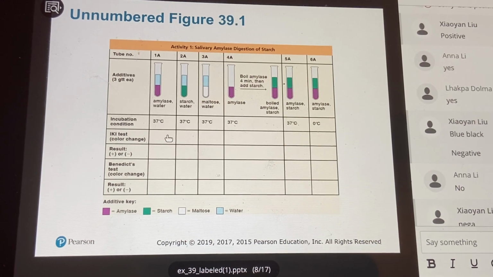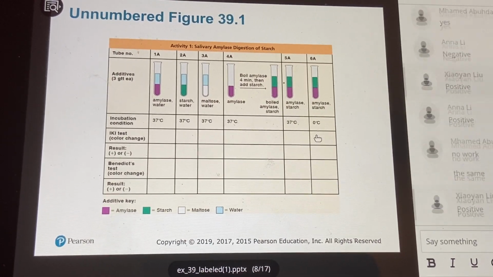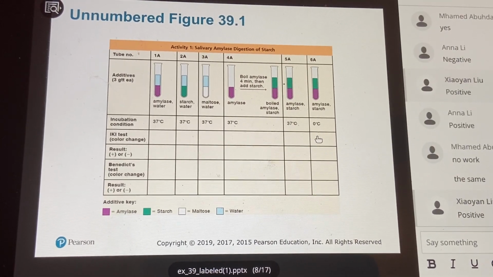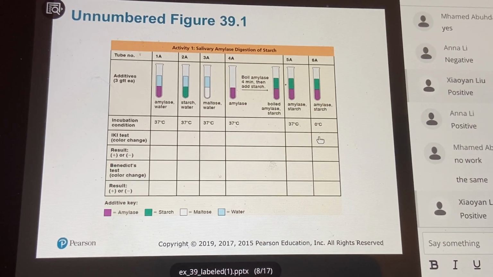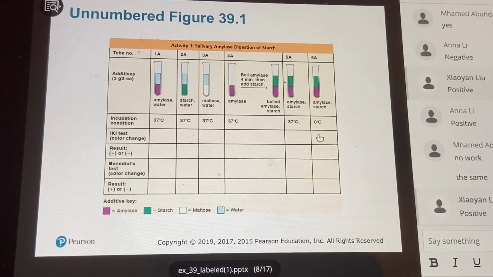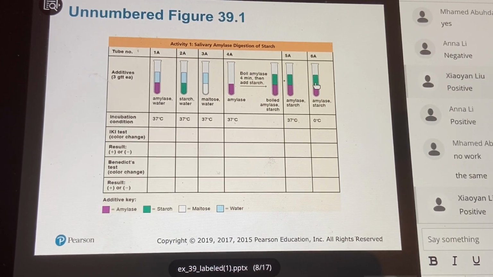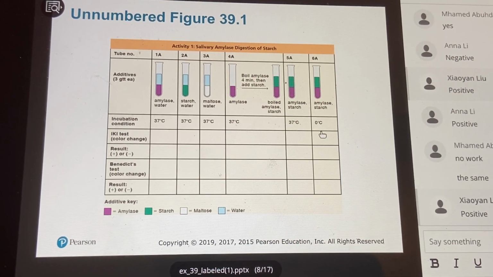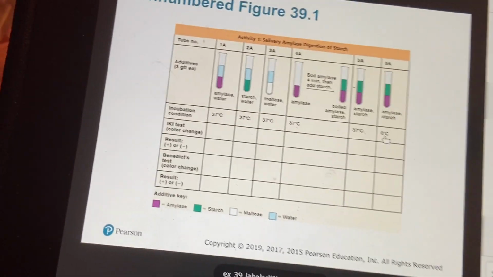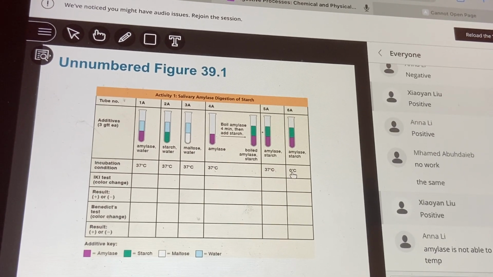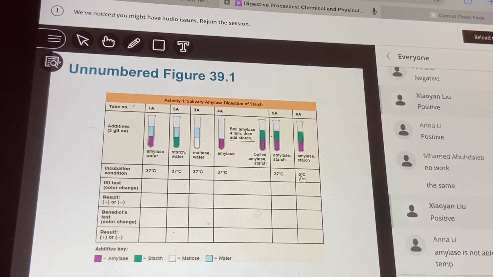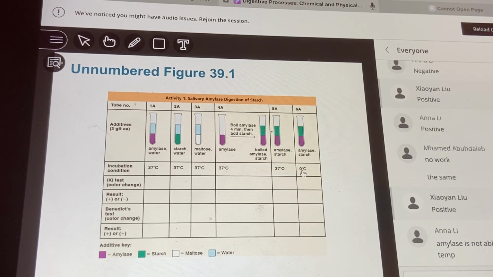Okay? I have a question. It's confusing me a little bit. How am I going to know about zero degrees? That it didn't have any chemical reaction, because you need heat, no? Where are you? In 6A. The temperature is 0 degrees. Does that mean there's going to be a reaction, like the amylase is going to start digesting the starch, or not, because it's a low temperature?